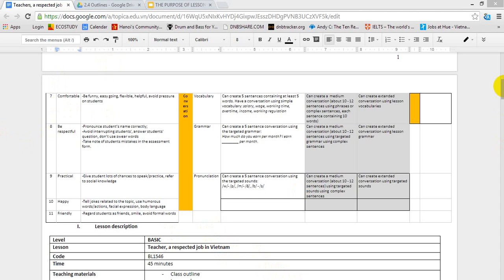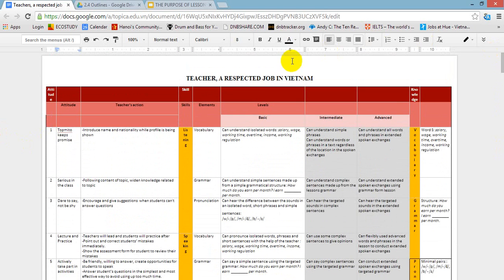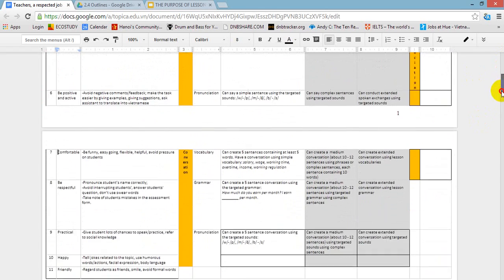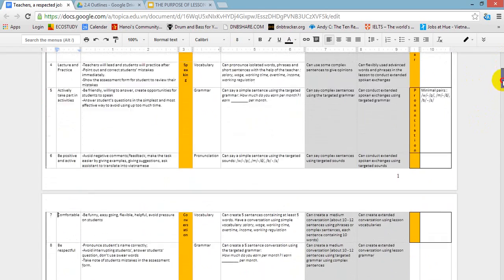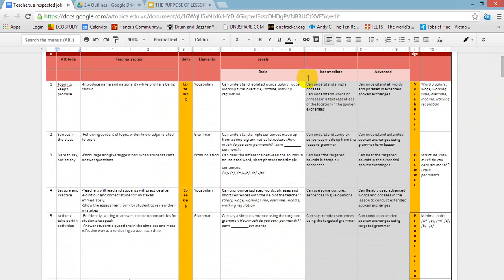Okay, so that was the attitude, and now we're going to move on to the skills needed. So we have 3 different parts. We have the listening, the speaking, and the conversation. And in each of these parts, we have to cover vocabulary, grammar, and pronunciation.